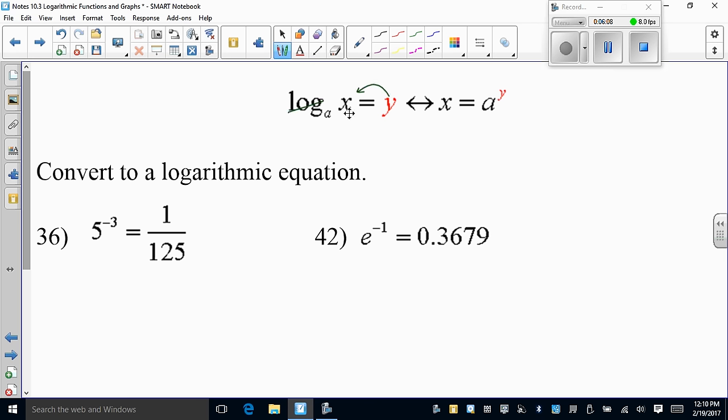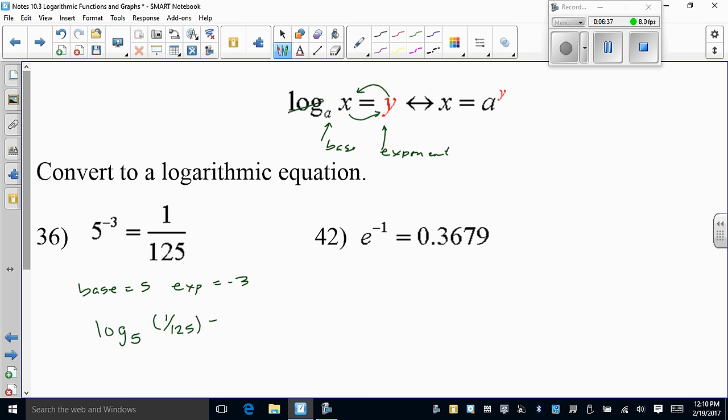This is always your exponent. So on this one here, base equals 5, exponent is negative 3. So this is going to be log base 5 of 1 over 125 equals negative 3.